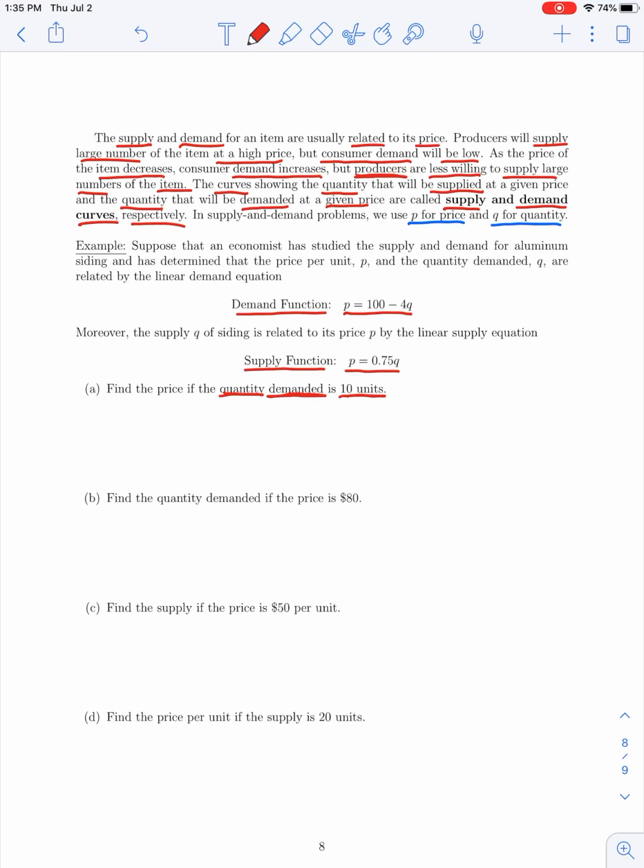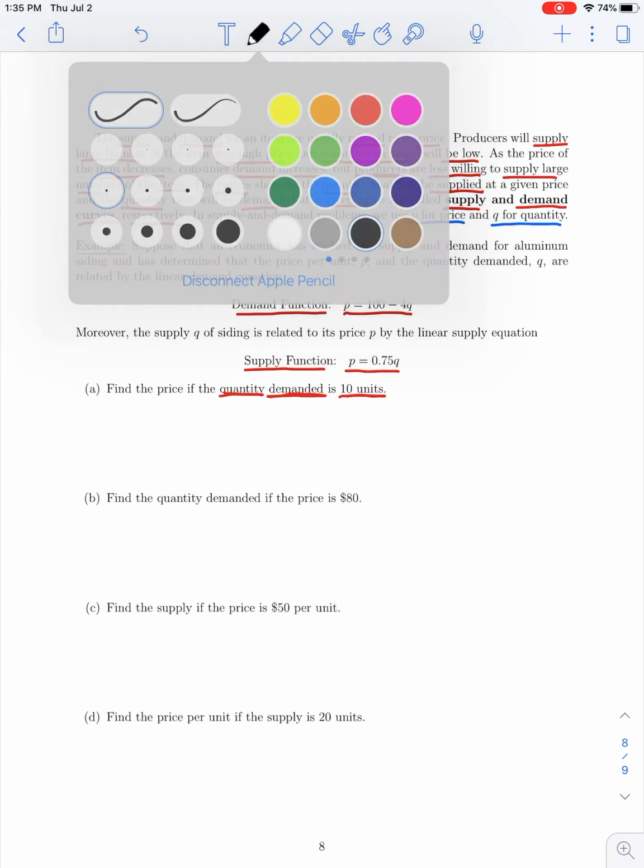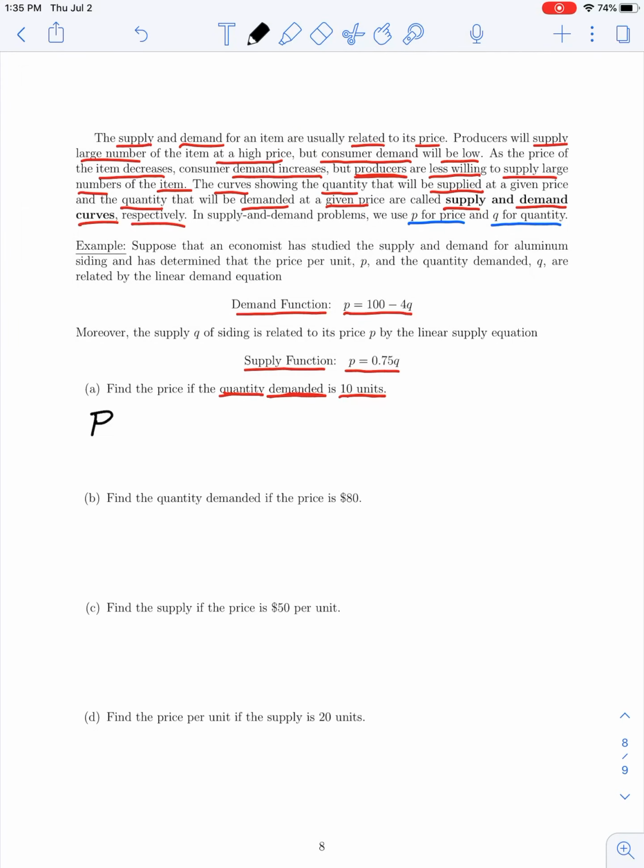So setting Q equal to 10 in our demand function, we have P, the price, is 100 minus 4 times Q, which we were told is 10. So we would have 100 minus 40 leaves us with $60 per unit for our price.